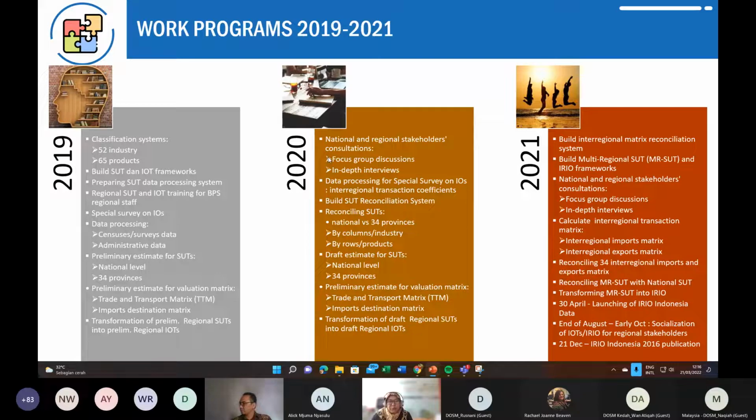In 2020, the work program consists of national and regional stakeholder consultation, both in a form of focus group discussion and also in-depth interview to gather some insight on specific issues. And then there is a data processing for special survey on IO to measure the interregional transaction coefficient.